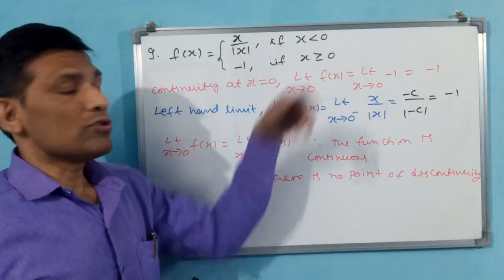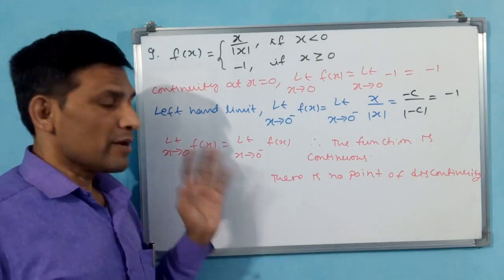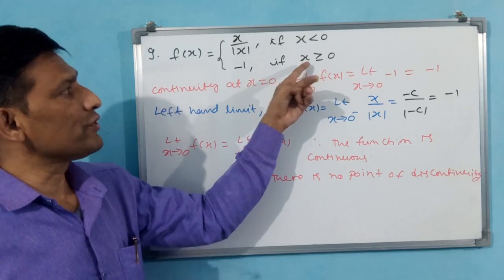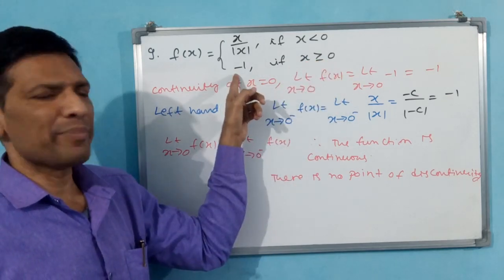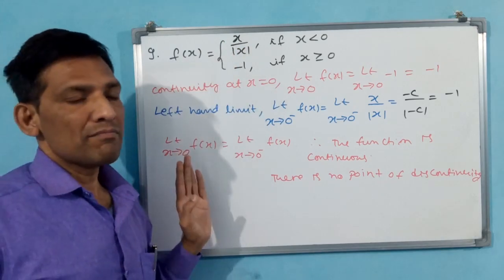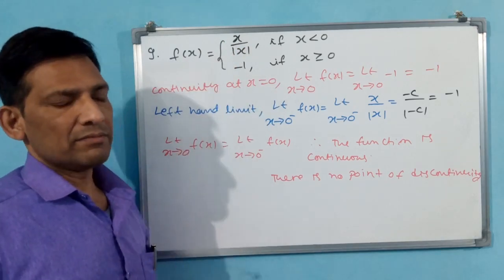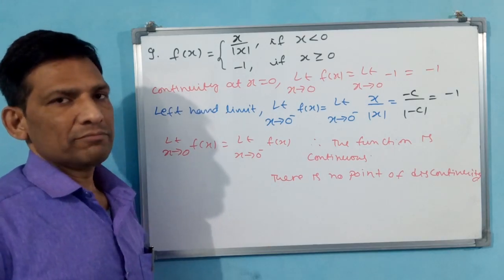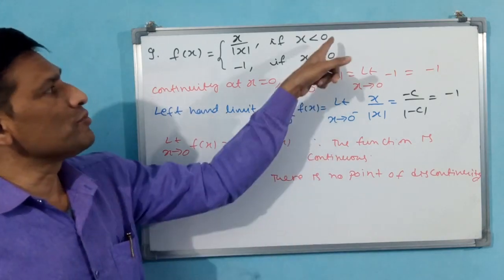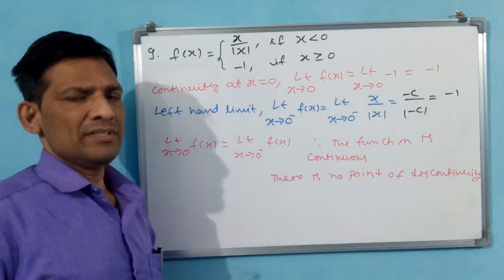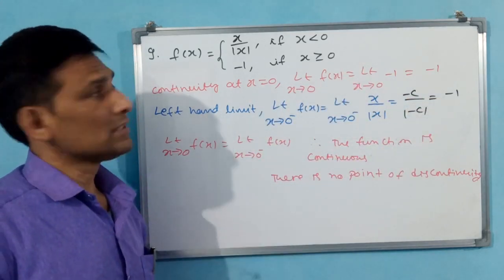See, at x is equal to 0, continuous means remaining area, it may be discontinuous, like somebody may ask, but there is no chance of discontinuity. If greater than 0, completely minus 1. Less than 0, completely x by modulus x. That is why there is no question of discontinuity. Okay, if at all discontinuity is there, it should be there at 0, but at 0, this is continuous. That's all. Okay, like that you write and close.